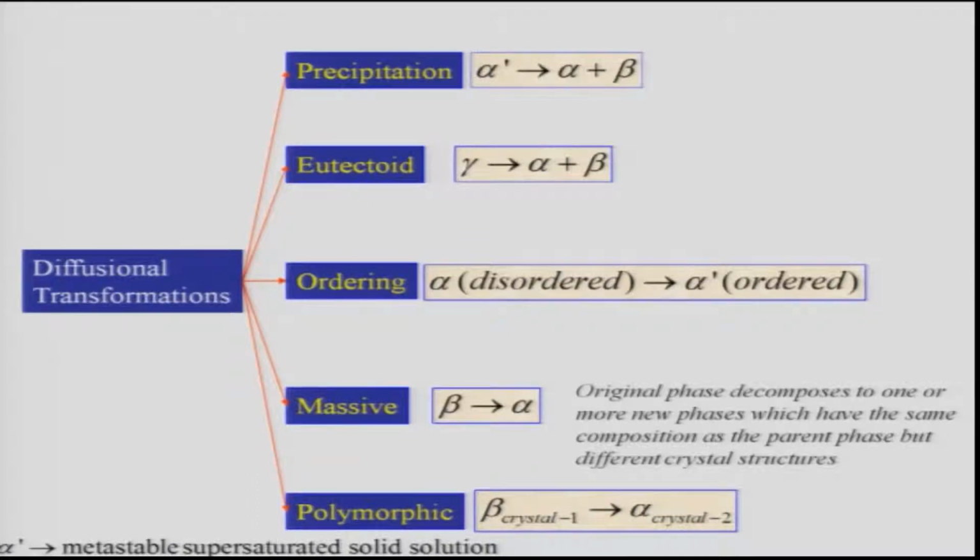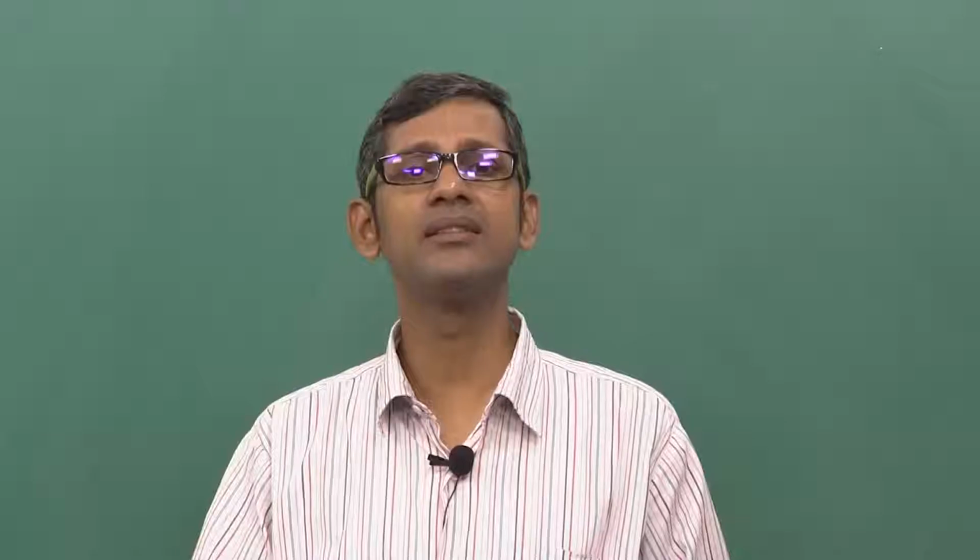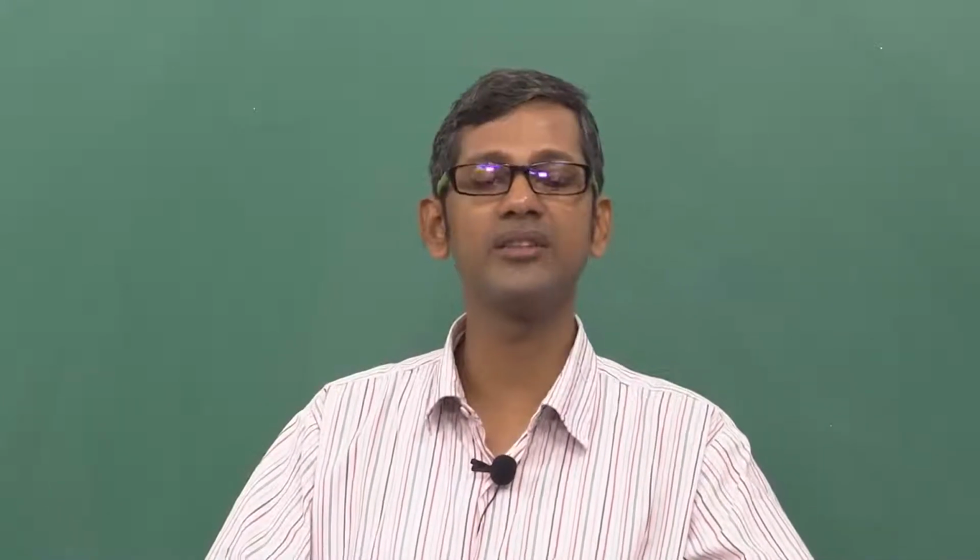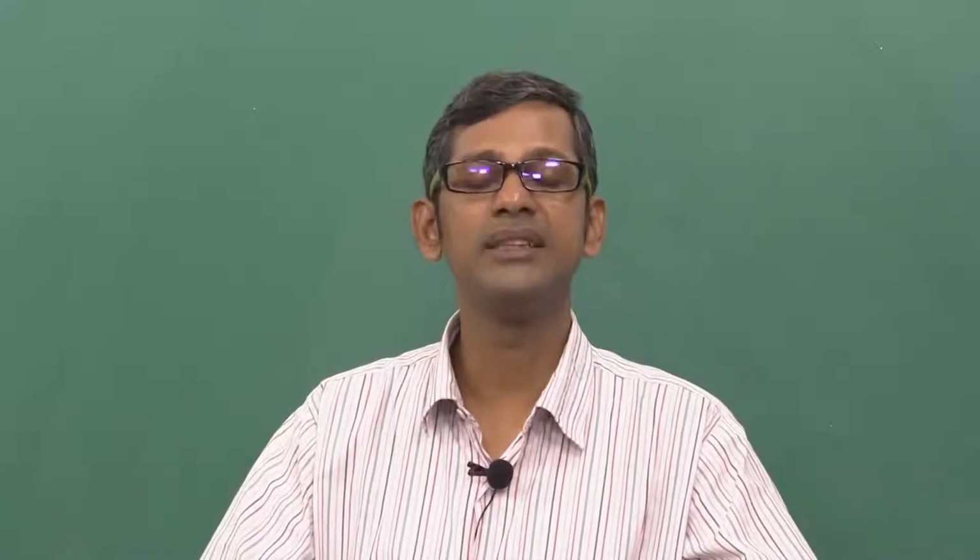Iron is the greatest example of polymorphic transformation. Pure iron at room temperature and 1 atmosphere pressure has a body centered cubic structure. If you heat beyond 912 degrees Celsius, it becomes face centered cubic. Again, if you heat beyond 1394 degrees Celsius, it becomes delta iron.